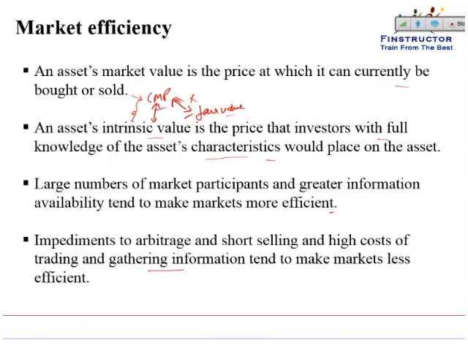Once that has been done, the company can disclose it to other sources or put it on the website, etc. But first, disclosure has to be made to the exchange so that all investors, big or small, receive the news at the same time and the market is efficient. That is, the current market price quickly adjusts to the intrinsic value or is the same as the intrinsic value. That is what an efficient market is.